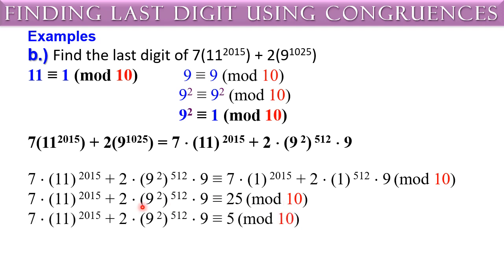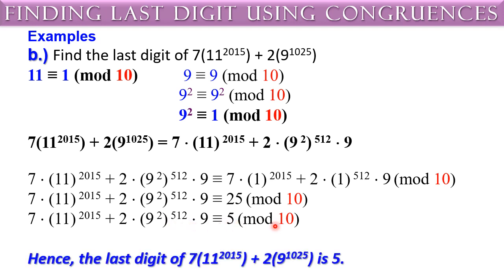Thus, we have 7 times 11 raised to 2015 plus 2 times 9 squared raised to 512 times 9 is congruent to 5 modulo 10. Hence, the last digit of 7 times 11 raised to 2015 plus 2 times 9 raised to 1025 is 5.